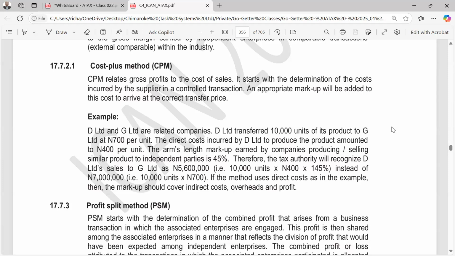So you see, markup and margin are not the same. Even though in this example both of them have 100,000 naira as the sales, if 100,000 is the sales, that means 10,000 naira was your markup.